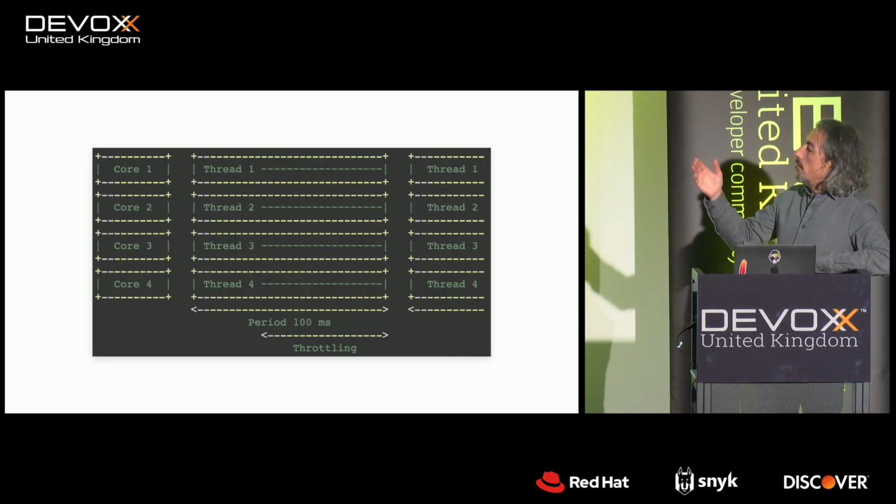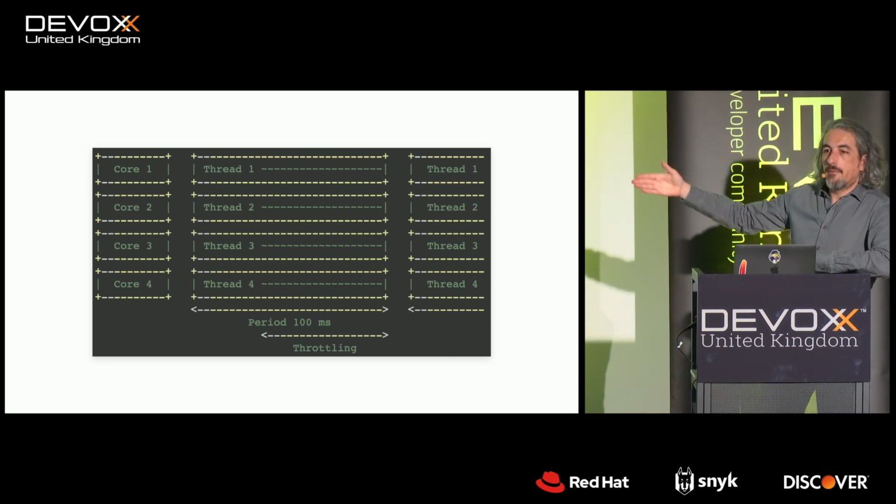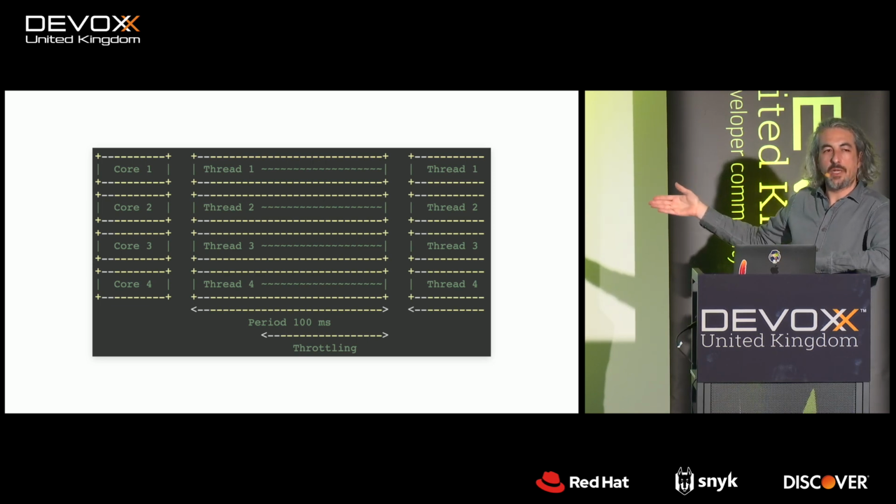So you have 4 threads, and in 25 milliseconds, you've already used your 100 milliseconds of CPU time, and you are throttled for 75 milliseconds until the next period starts.